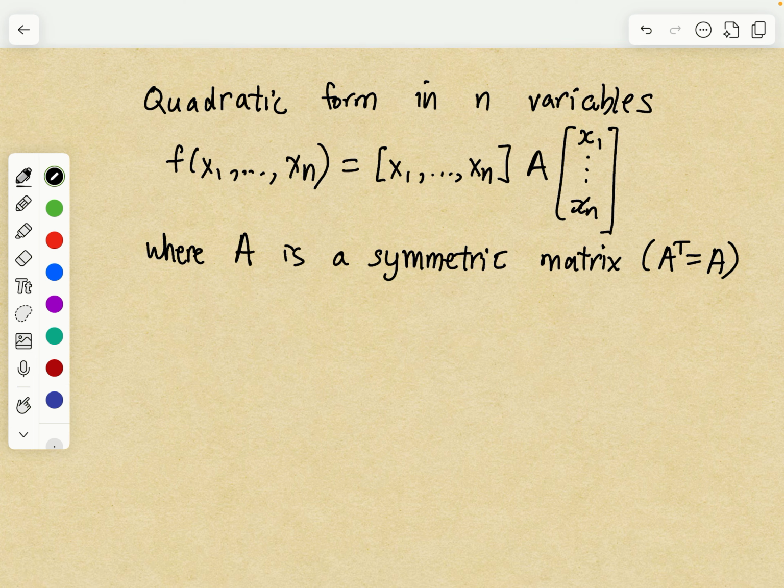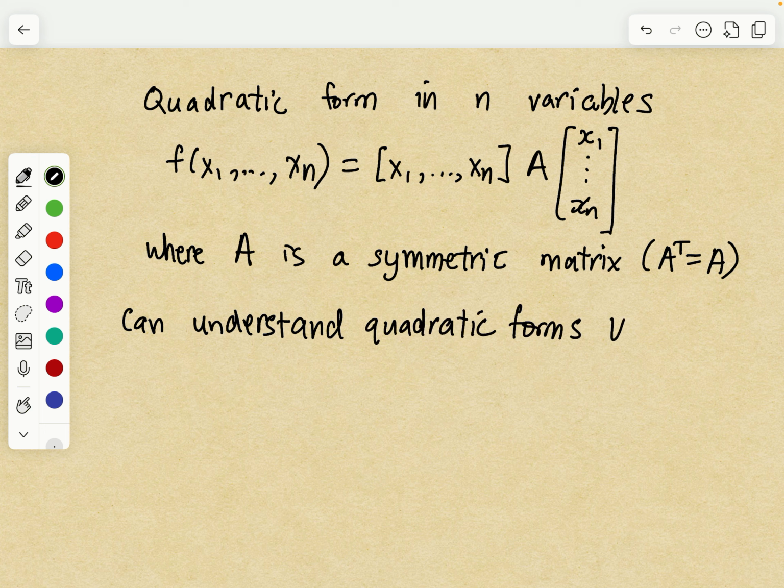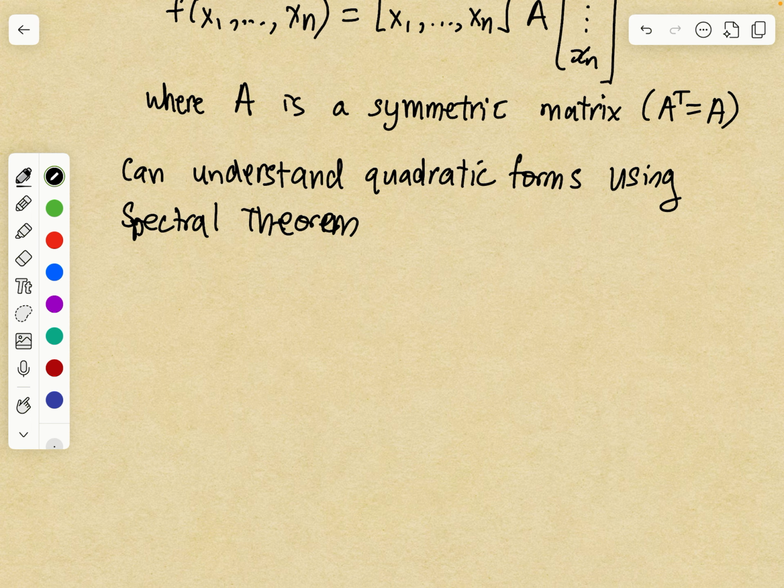Okay. And we've seen that we can get a better understanding of quadratic forms by using the spectral theorem. So let's just remind ourselves what the spectral theorem says.